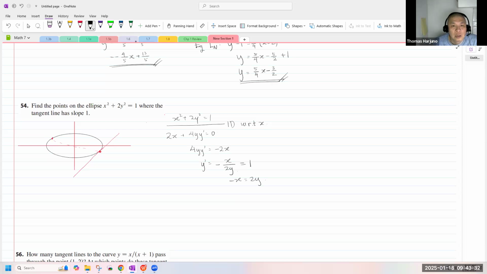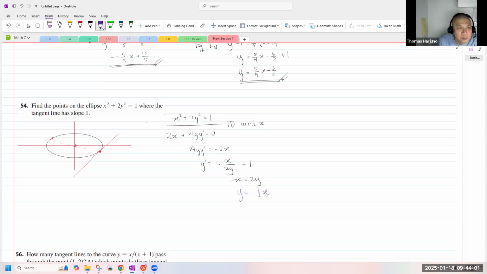So for the slope to be equal to 1, besides being on the ellipse, the point has to be also on this line, which is actually slope negative 1/2. That's what I expect though. So think of this as y equals negative 1/2 x.